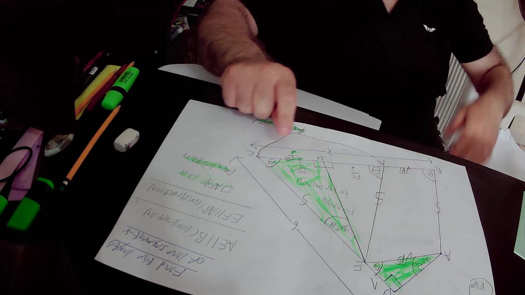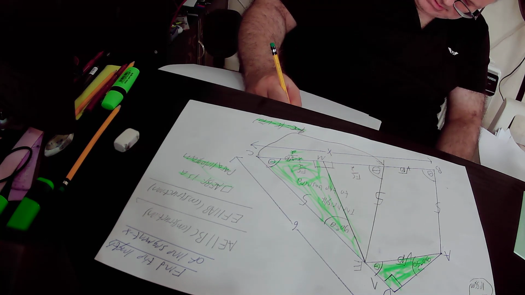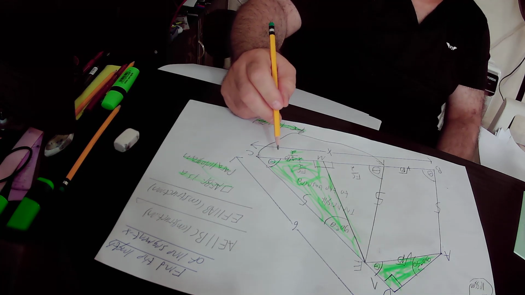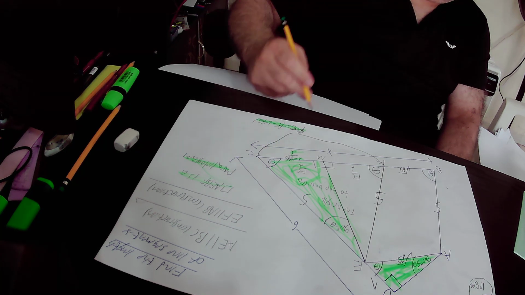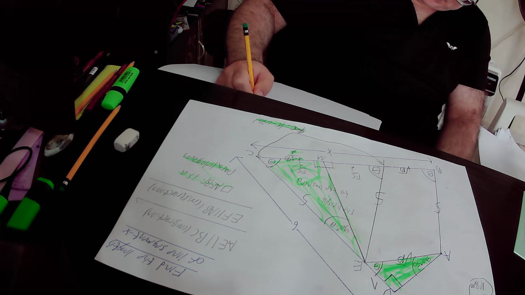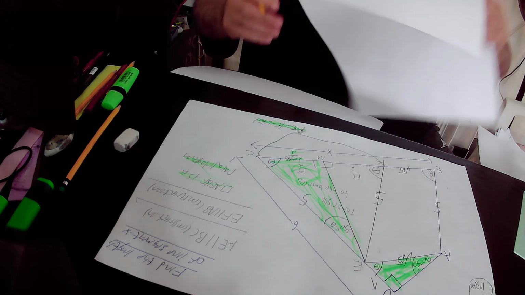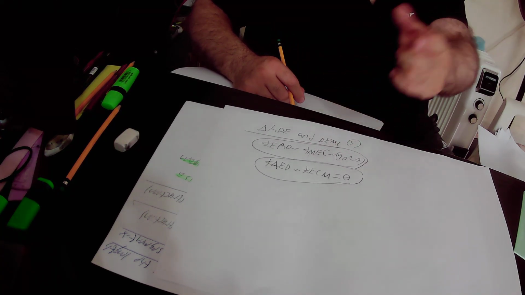So angle AED is equal to this angle, which is actually angle ECM, and both angles are equal to theta. Angle AED equals angle ECM, they are both equal to theta, therefore they are equal to each other.